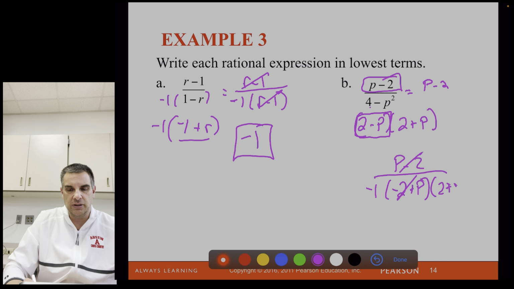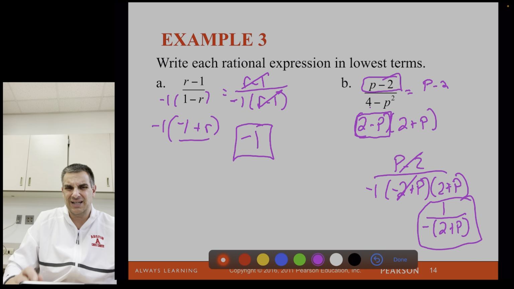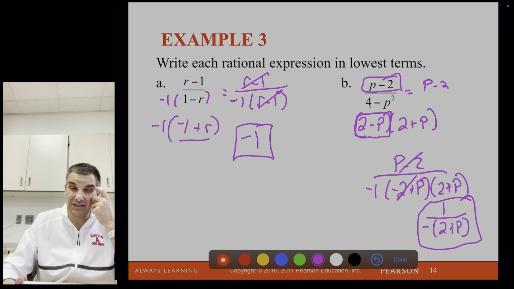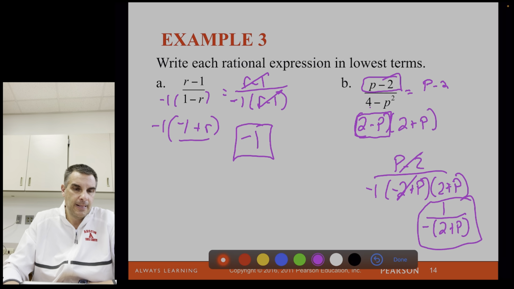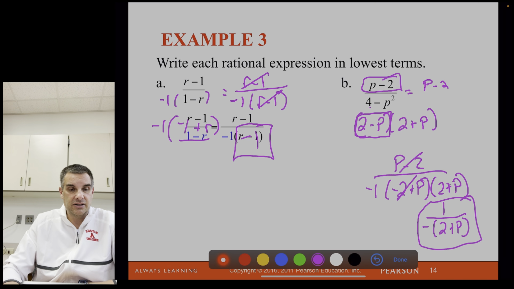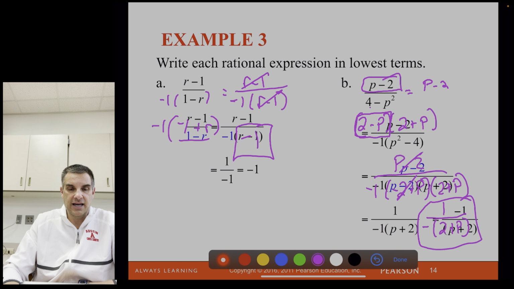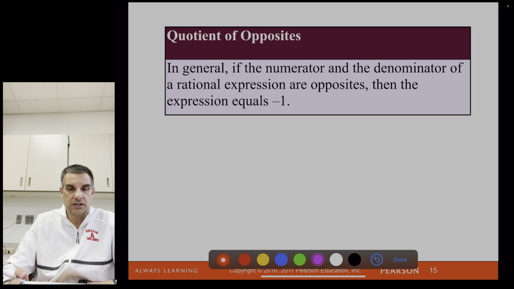And then we've got 2 plus p. So our solution to this is 1 over negative 2 plus p. It's kind of that opposite thing here, and it can happen quite a bit. I think I tried to eliminate a lot of those in the assignment for today, but that's something that certainly can and does happen every once in a while.